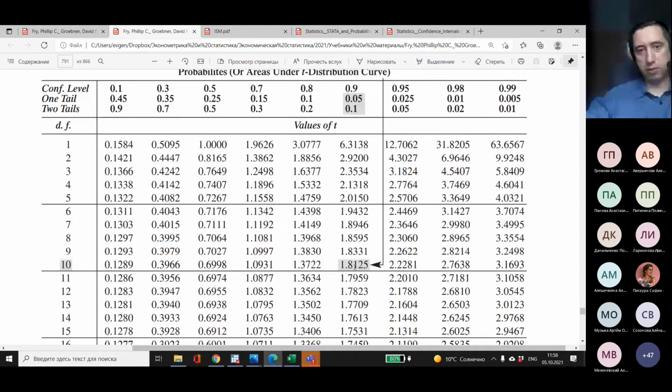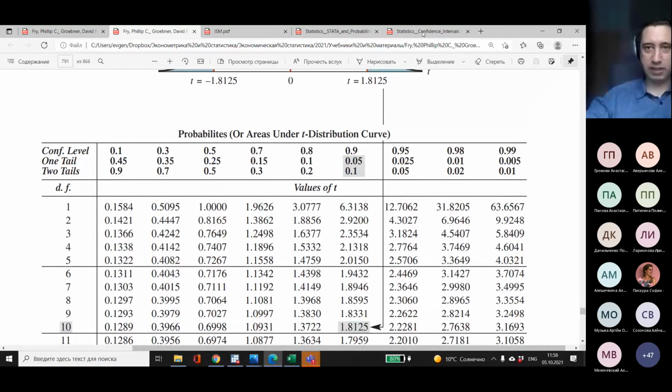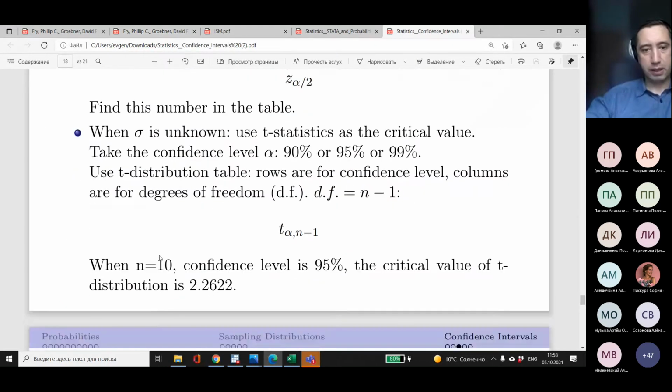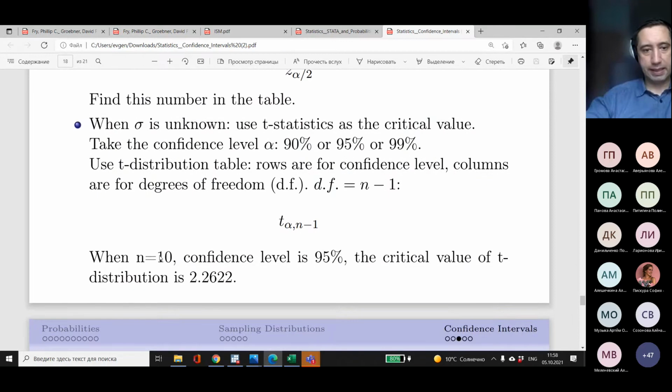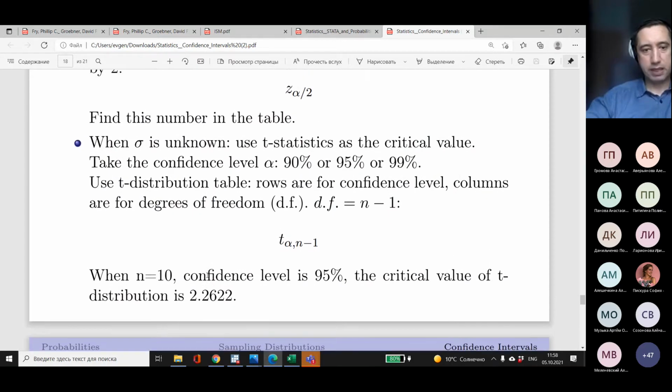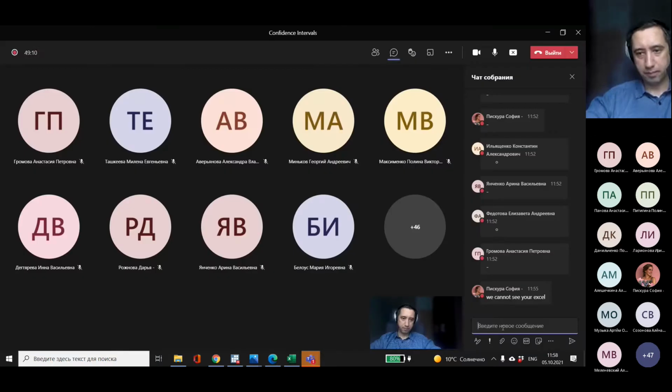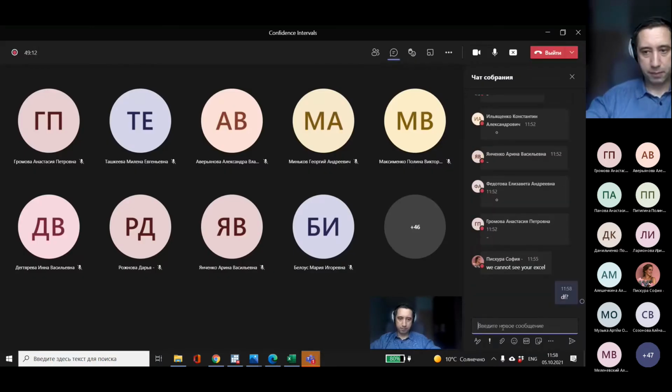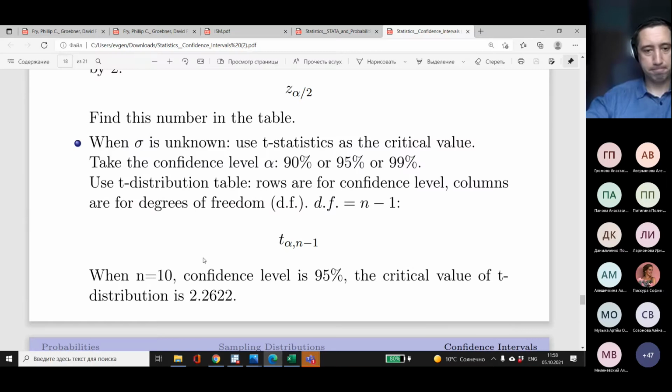In another example, it could be a little bit of a tricky exercise. Let's do it together. N is 10. Tell me please, in the chart, what is our degrees of freedom? N is 10.